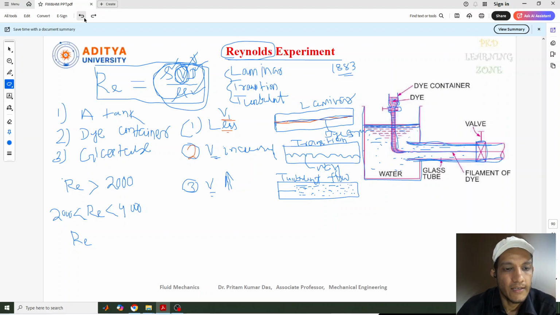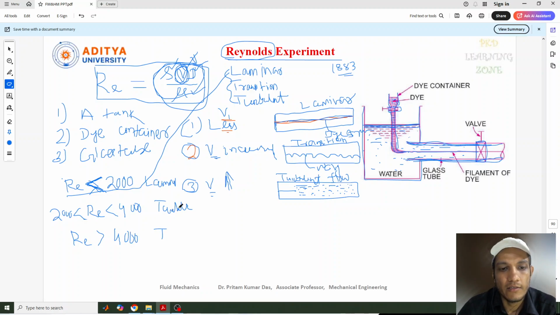Now this Reynolds number, as I told, less than 2000, we consider for the laminar flow, and here the symbol we can change like this. So this is for laminar, and this is for transition. And next, when the Reynolds number is more than 4000, this is turbulent.